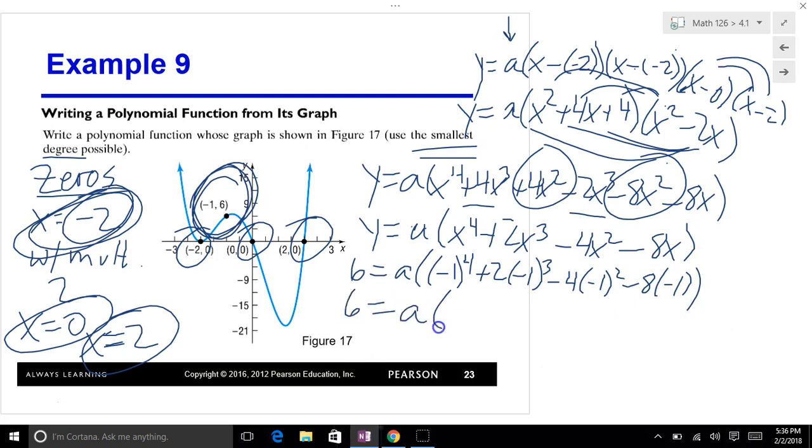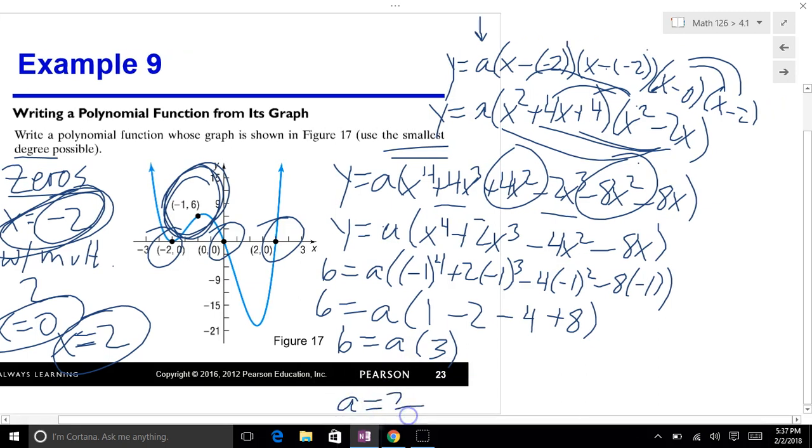And we've got 1 minus 2 minus 4 plus 8. So negative 1 minus 4, negative 5 plus 8, 3. Divide 3 both sides, so it looks like our a is 2.